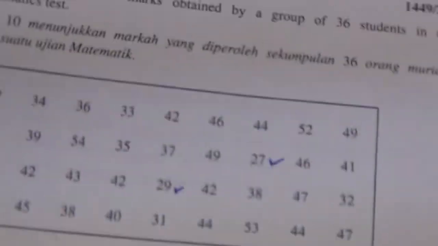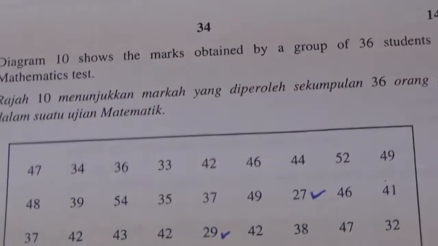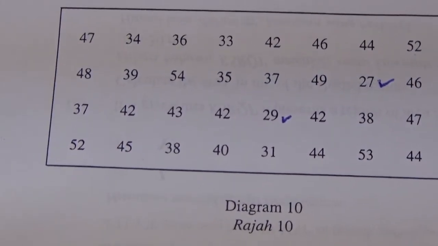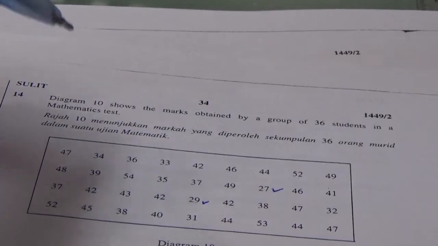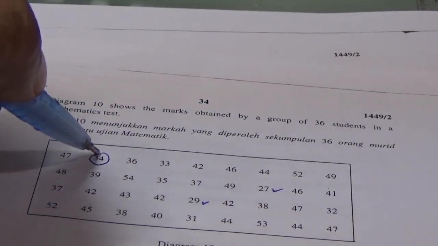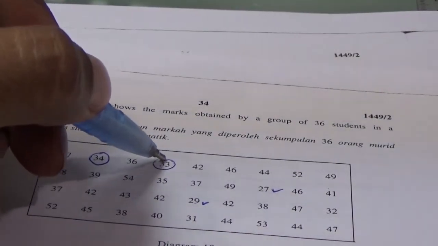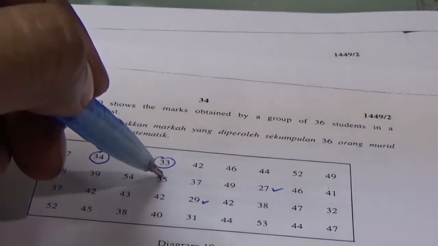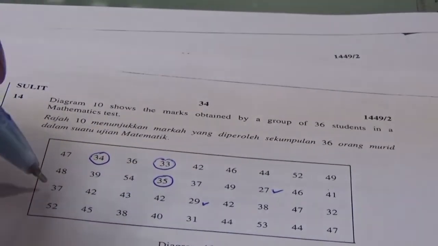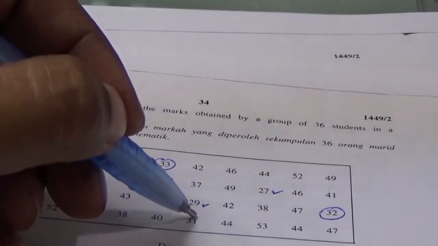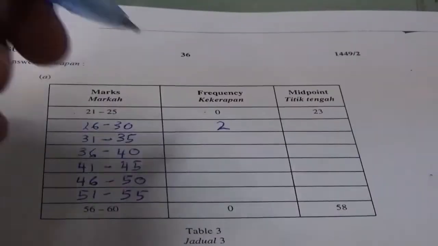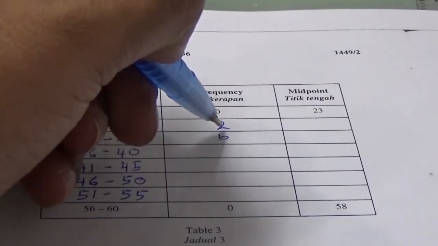So you have to do the same for all the classes. Next, 31 to 35. So we have 1, 2, 3, 4, 5. So we have 5.